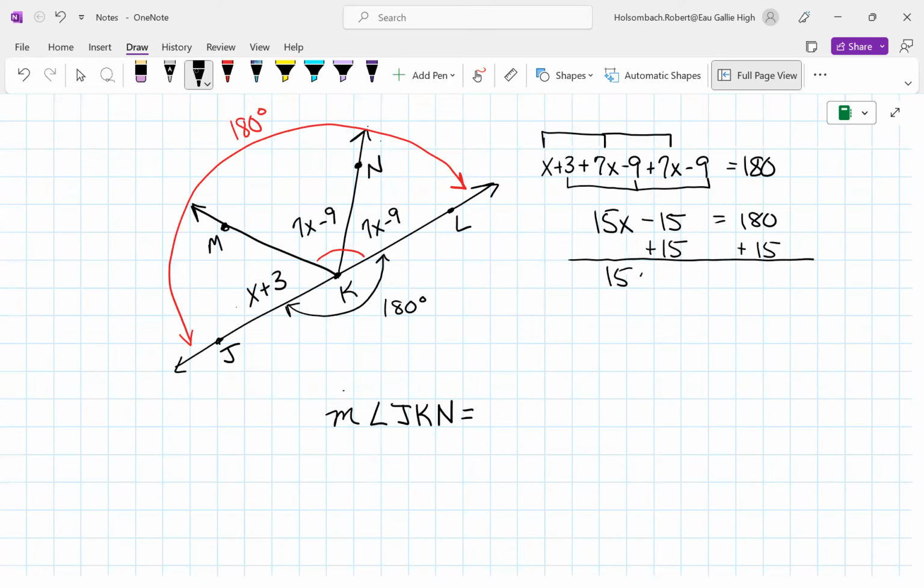We get a 15x that's equal to 195. Divide both sides by 15. And our x is equal to 13. But we need the measure of JKN.